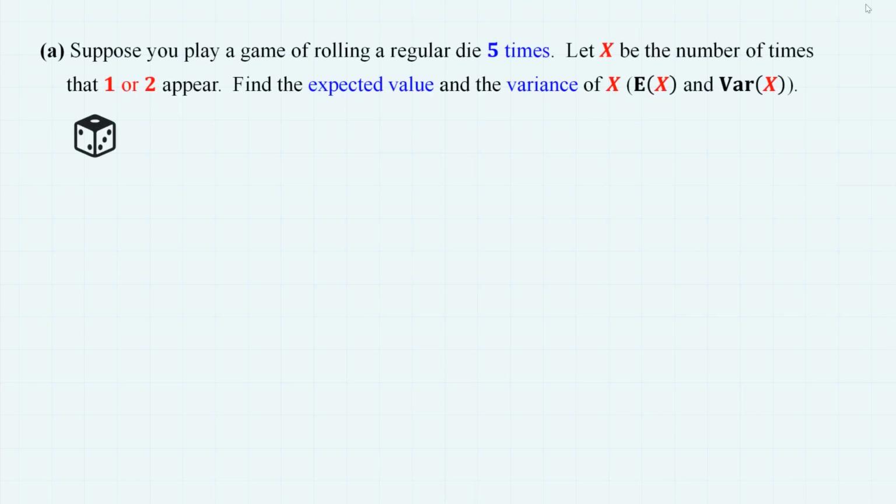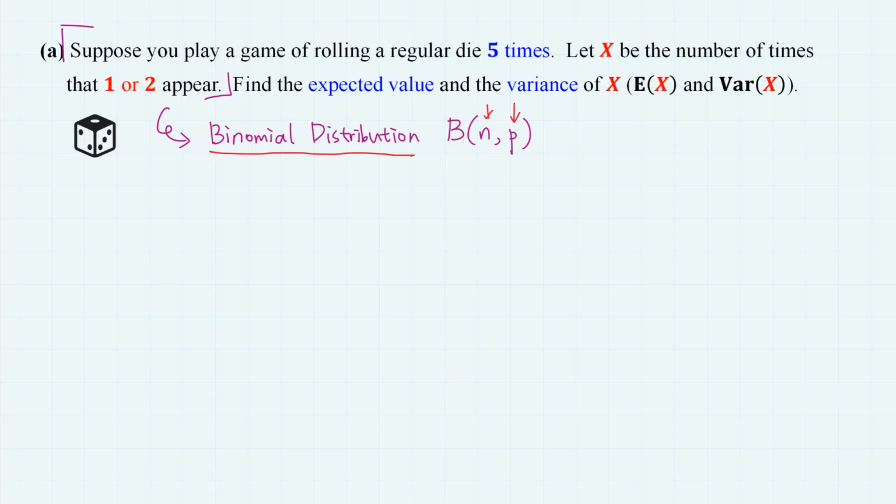In order to solve the first problem, first we must identify the probability distribution. And this is a very famous probability distribution, the binomial distribution. We need two parameters n and p to uniquely define a binomial distribution. n is the number of trials, which in this case is 5 since we roll a die 5 times. p is the probability of success, that is, the probability that the event of our interest occurs in a single trial.